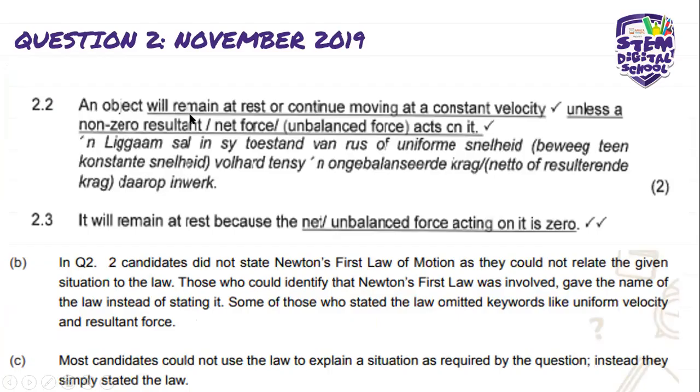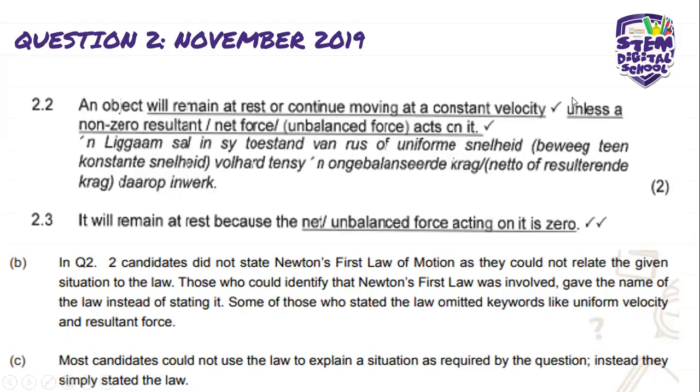And I want to show you how we mark, because now there are critical words that must be there. There are words that you cannot omit, because if you omit them, then we lose the scientific meaning. And we know the law states an object will remain at rest or continue moving at a constant velocity.